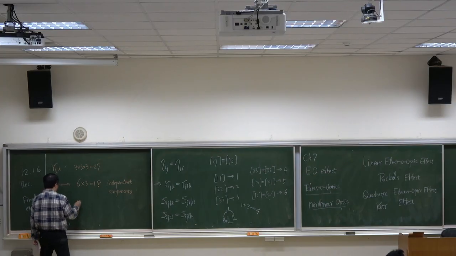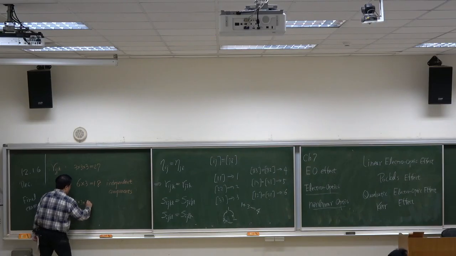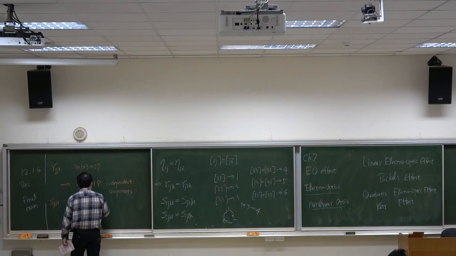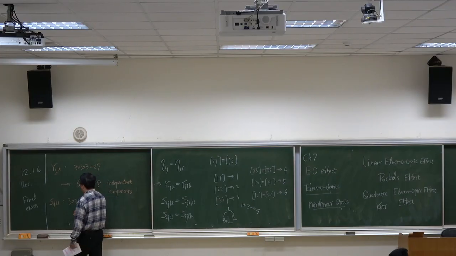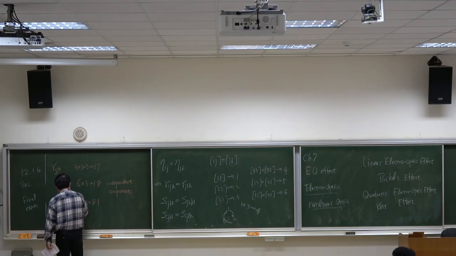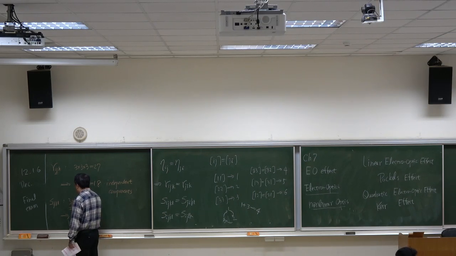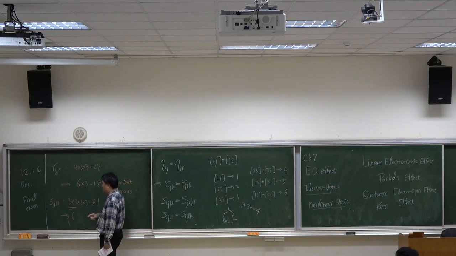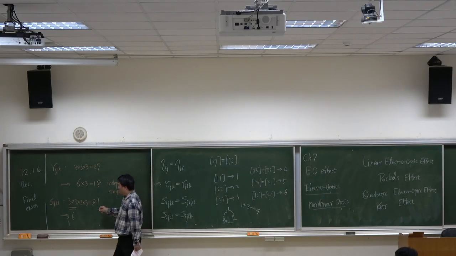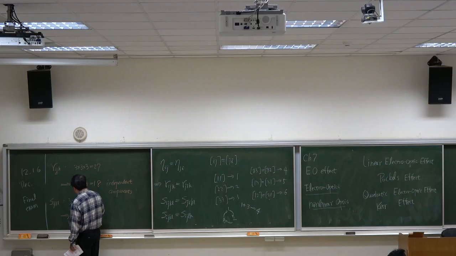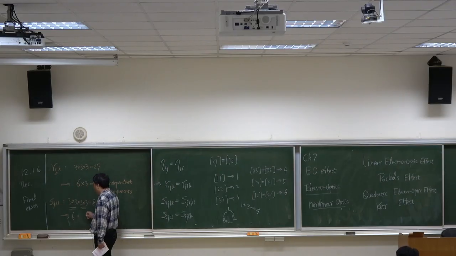Similarly, for the Sijkl coefficient, originally we have 3 times 3 times 3 times 3, which is 81 components. However, the independent components for the first two indices are only 6, and for the second pair are also 6, which gives us 36.